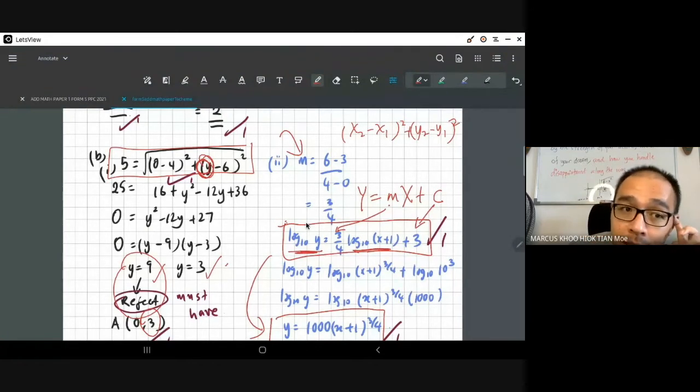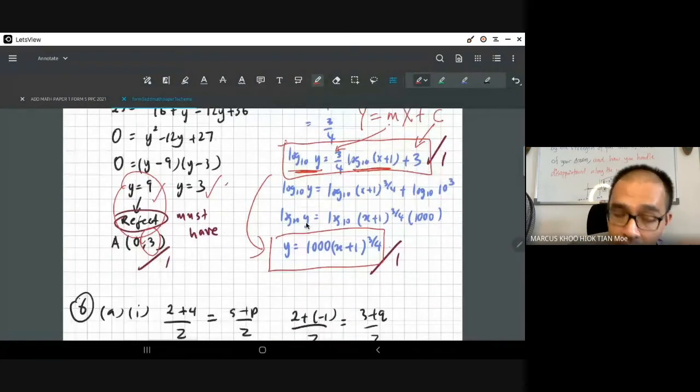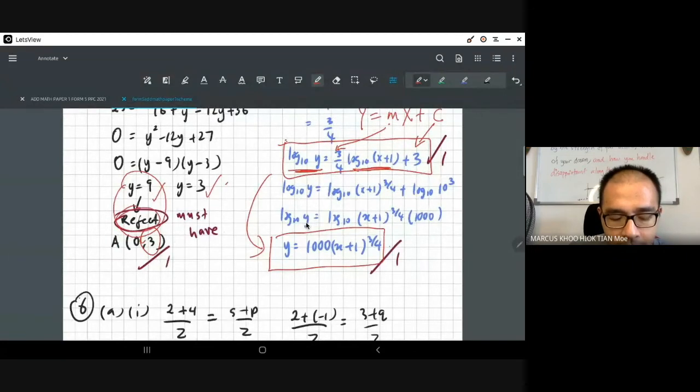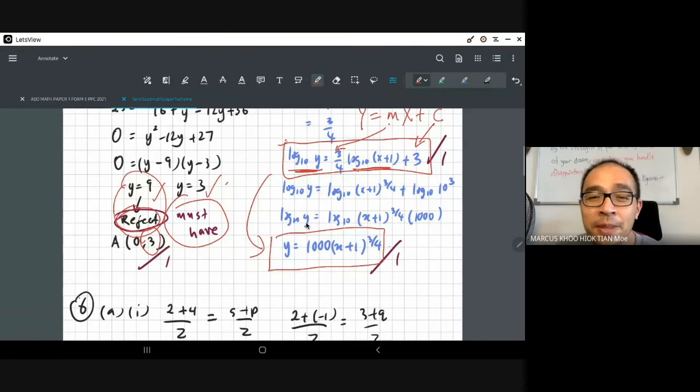That's not a problem. But in my scheme, I say write reject, this must have. Partly because you guys like to ask all these questions where I keep saying you must do this, you must do this, but then you don't do it. And when you don't do it, you ask me, what if I don't do it?